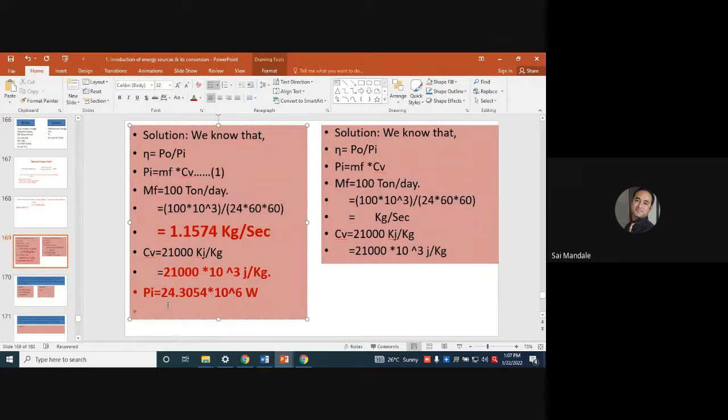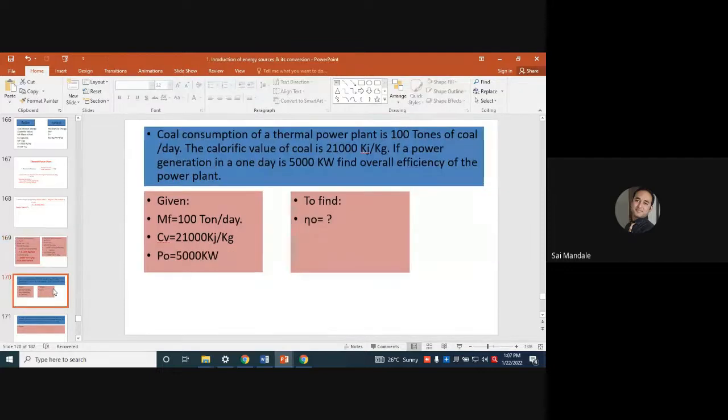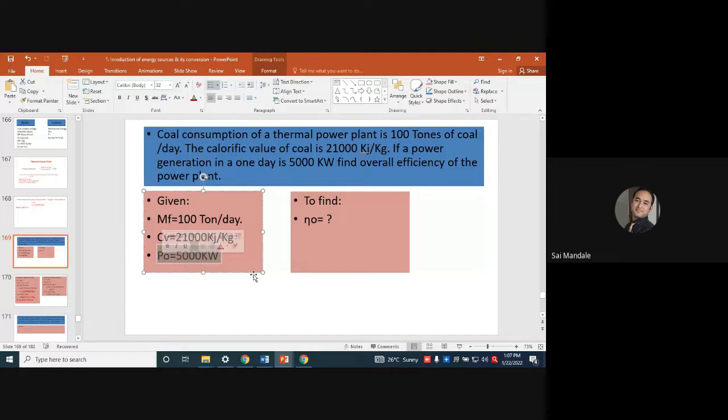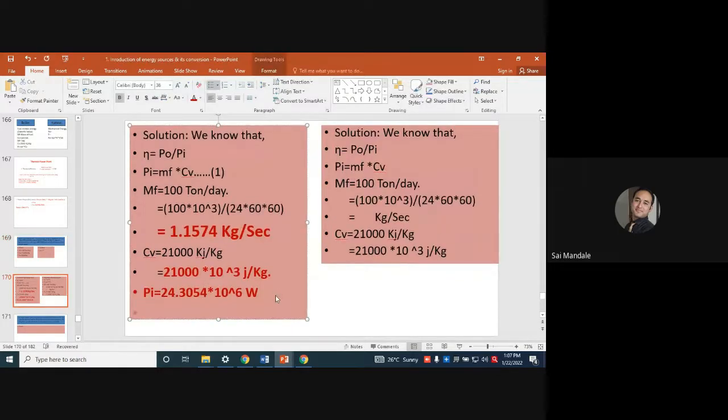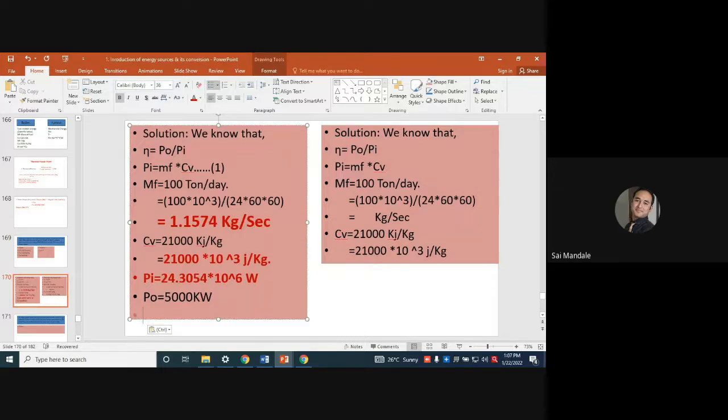So we have power input, and already in the numerical, power output is given to us, that is 5000 kilowatt. So 5000 kilowatt means 5000 into 10 cube watt.